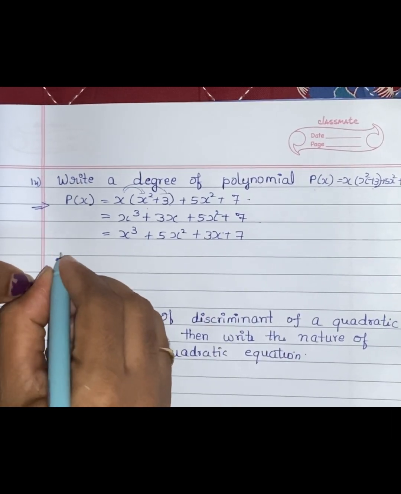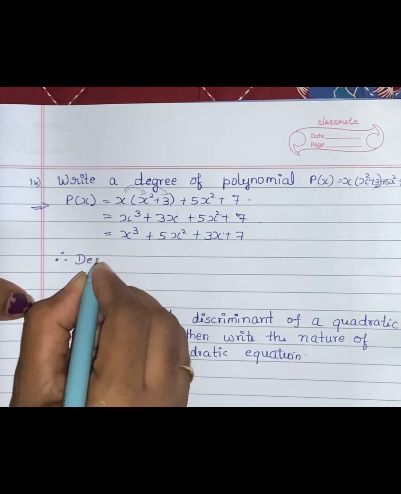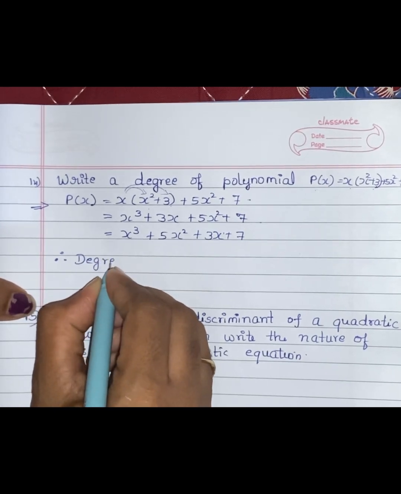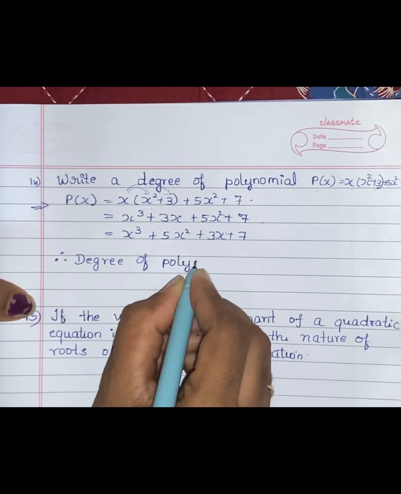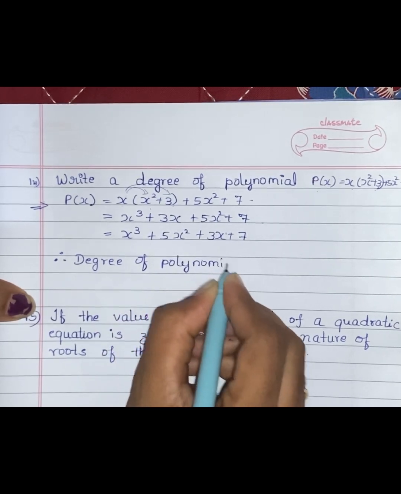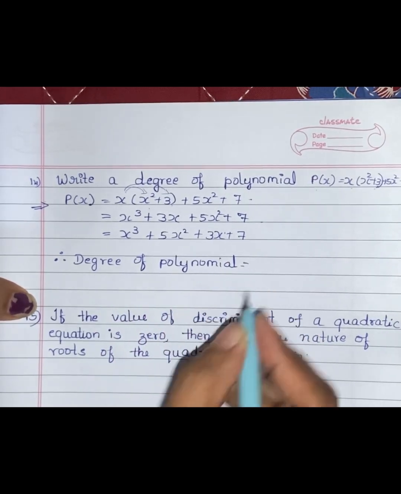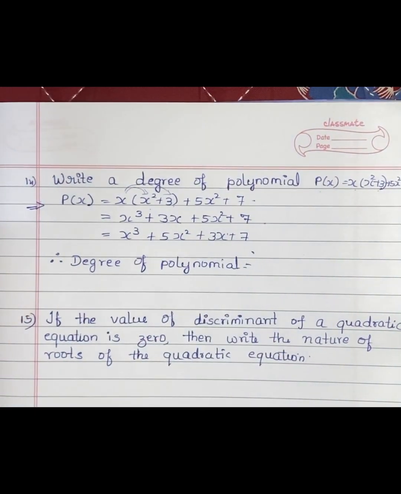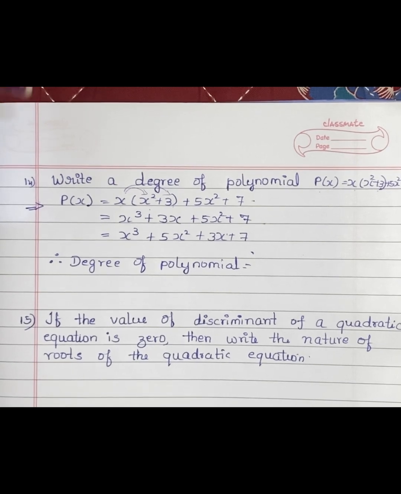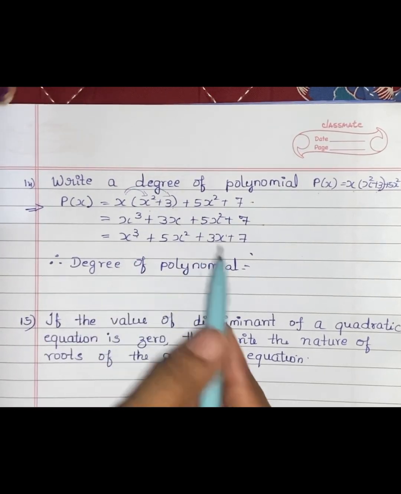Now how do we find the degree of the polynomial? They asked us to find the degree of the polynomial in this equation. The degree of a polynomial is the highest degree in the equation.